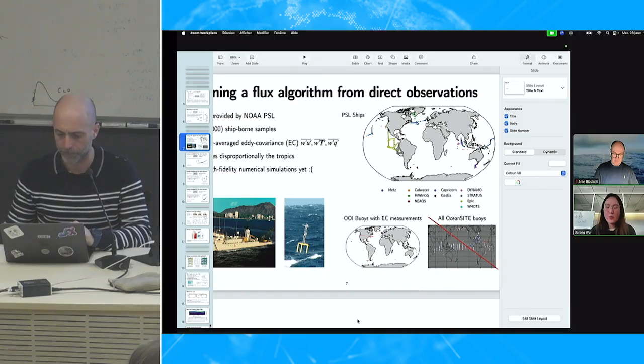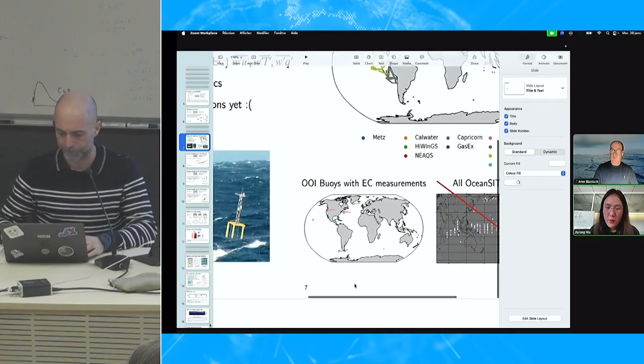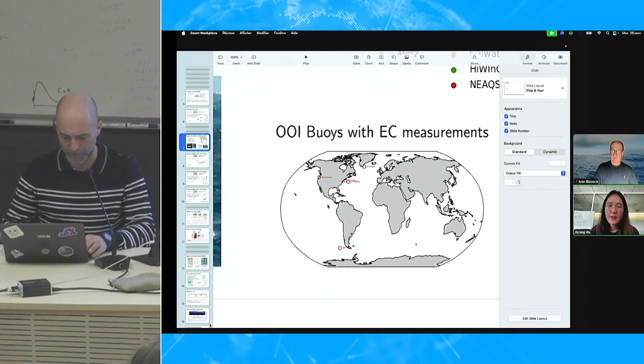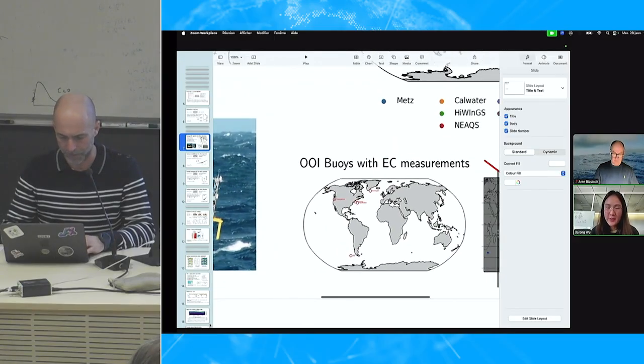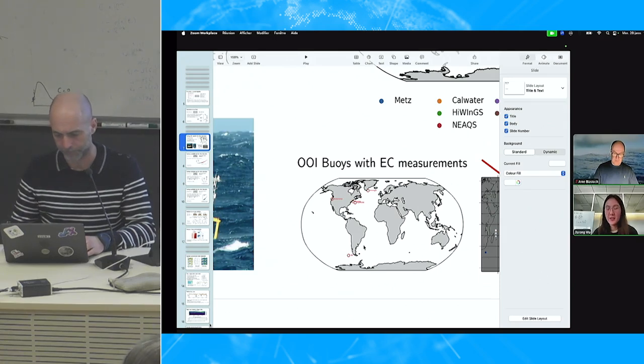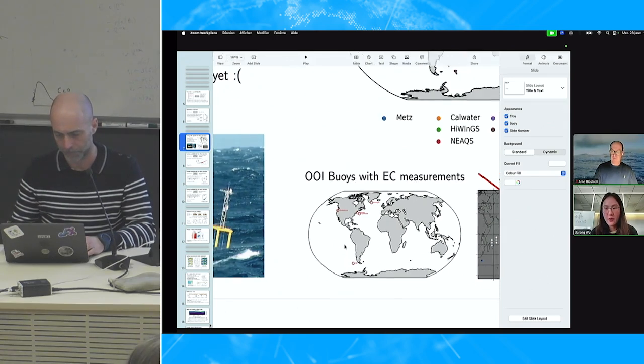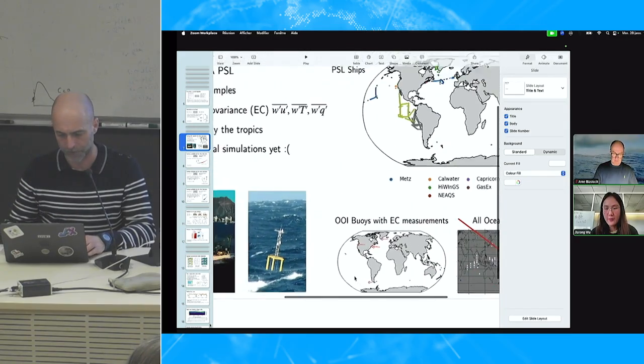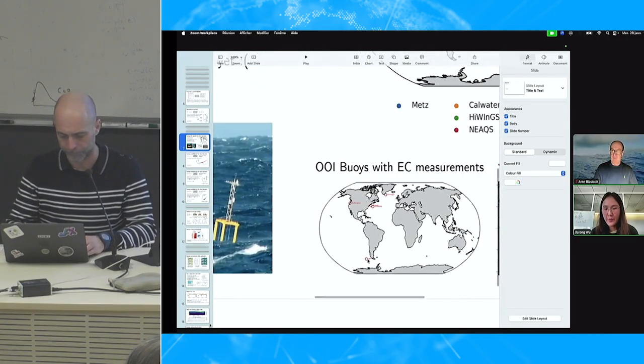Yes. So, there is this additional data set from buoys that we could potentially use later, also as an independent check for whether we have learned a reasonable thing.